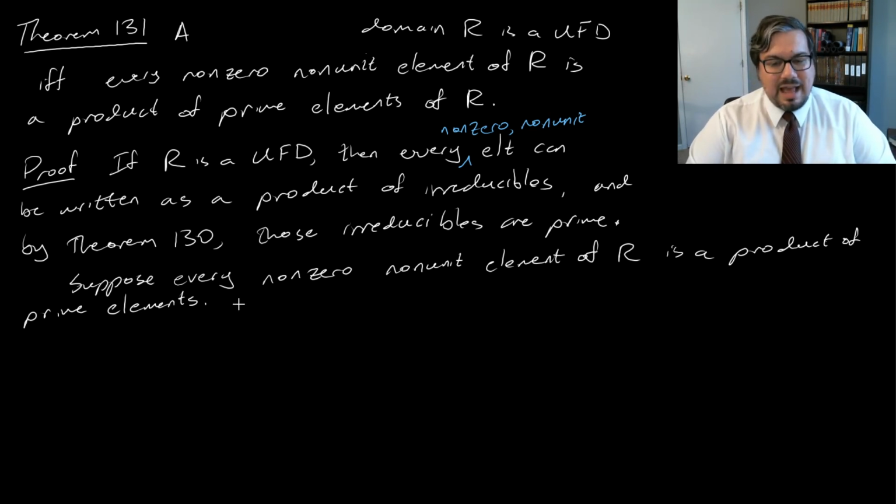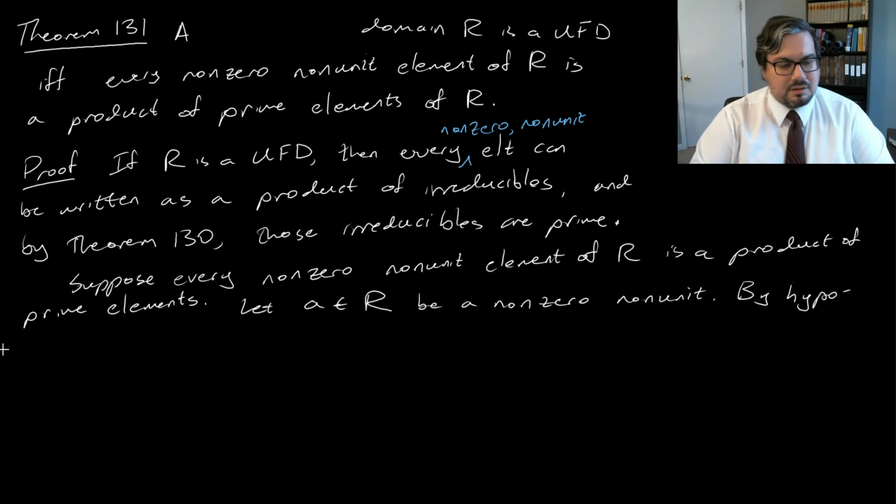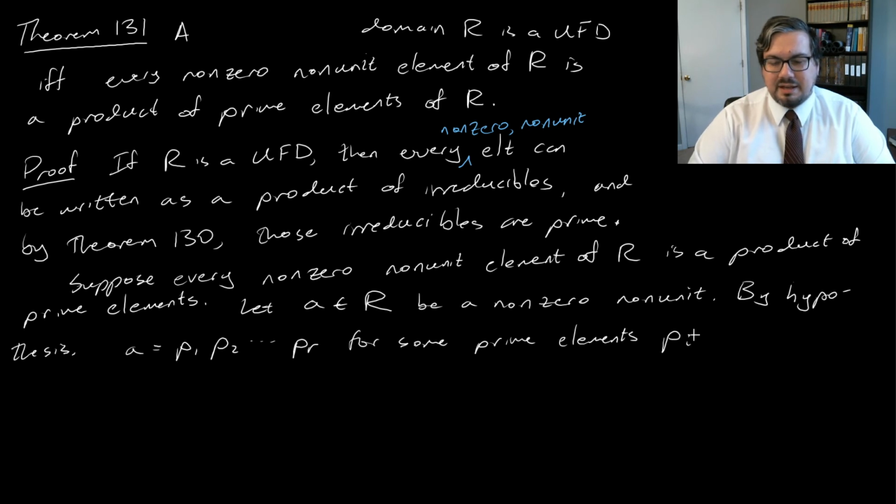Now, we have that. We can let A in R be a non-zero non-unit. By hypothesis, A is equal to the product P1, P2, up through PR for some prime elements PI.